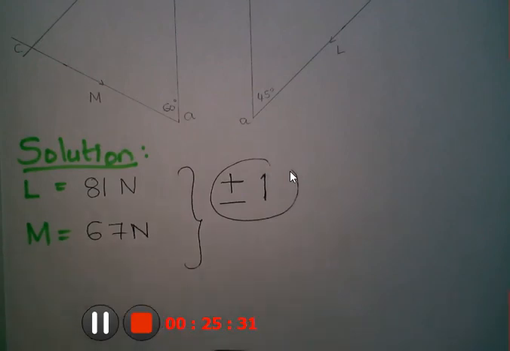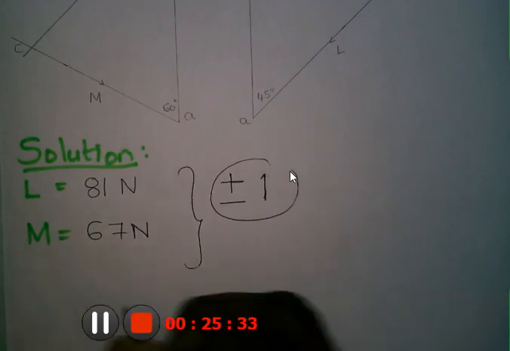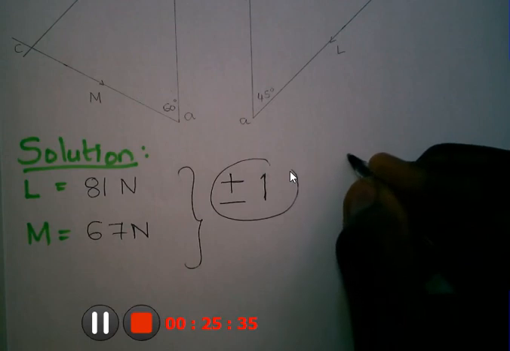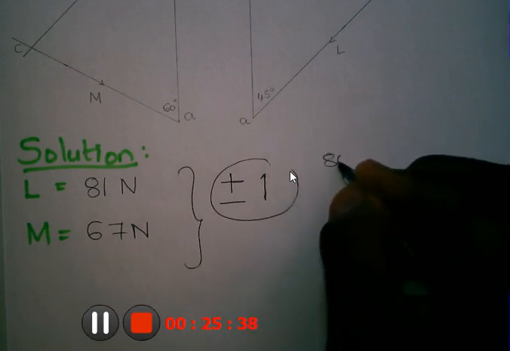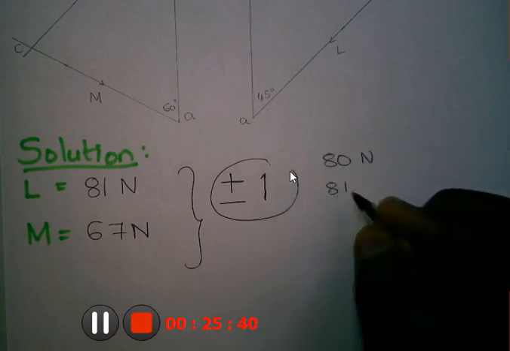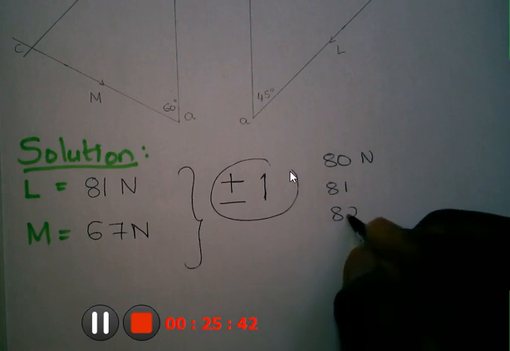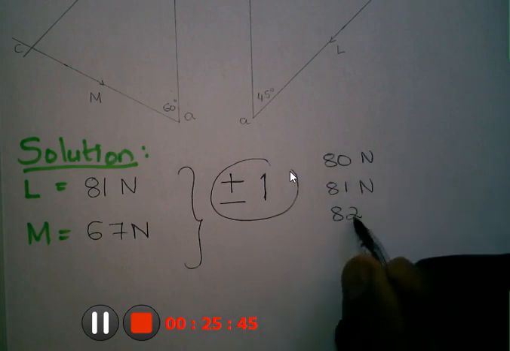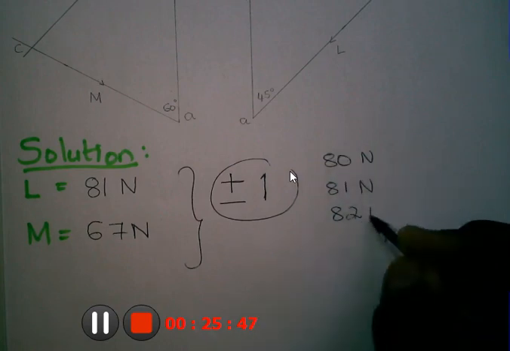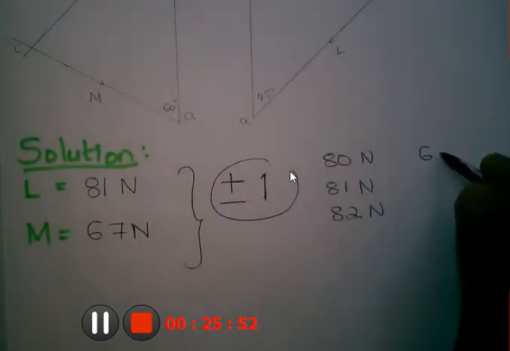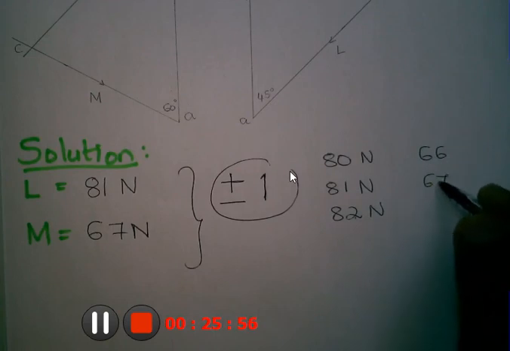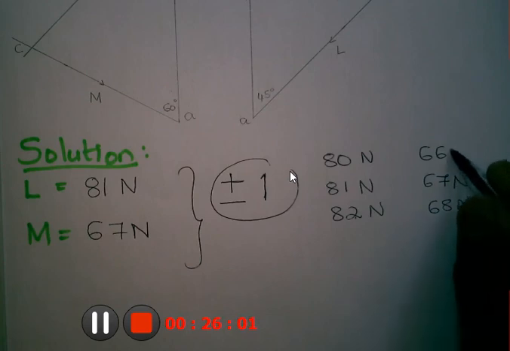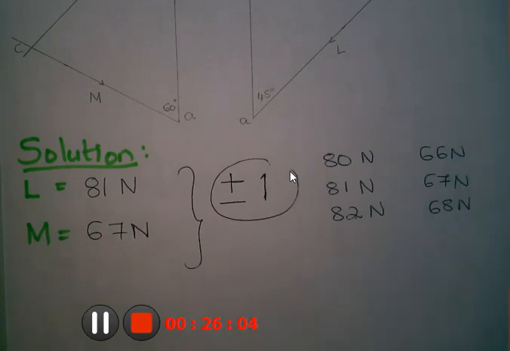Meaning, if it's 81, your acceptable answers will be 80 newtons, 81, and then 82. So it's plus 1 and minus 1. For 67, it means your answers must be within the range of 66, 67, and then 68 newtons, plus minus 1.